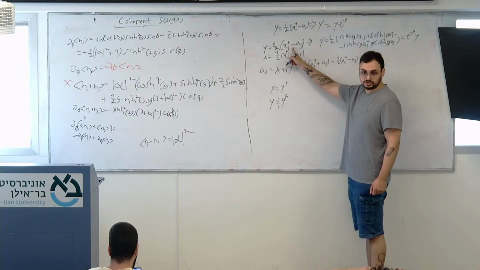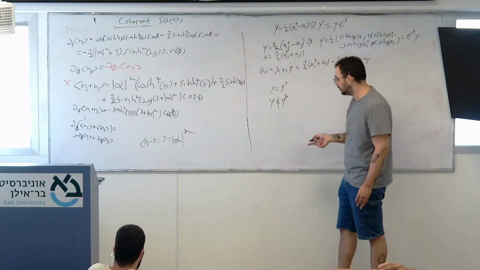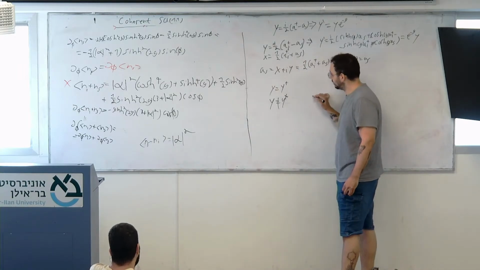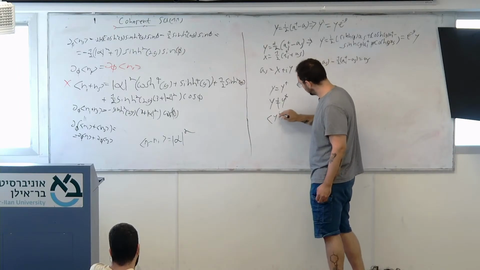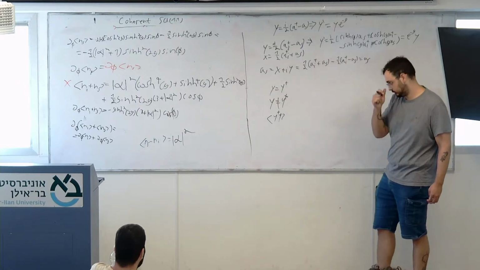Take the complex conjugate of this one, you'll see that just the position of the dagger will be wrong. So we don't take y squared as a measurement. We actually have to measure y dagger y.